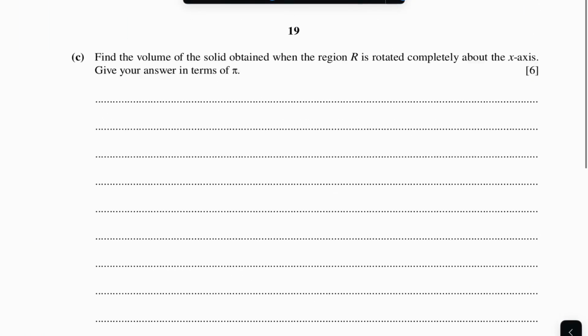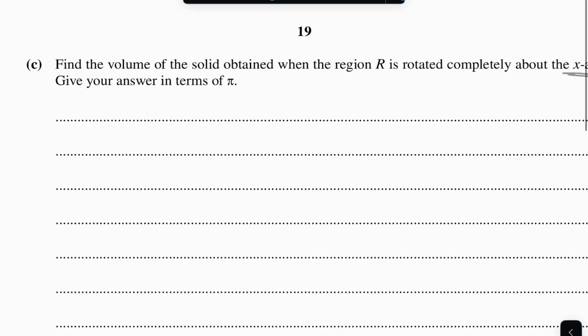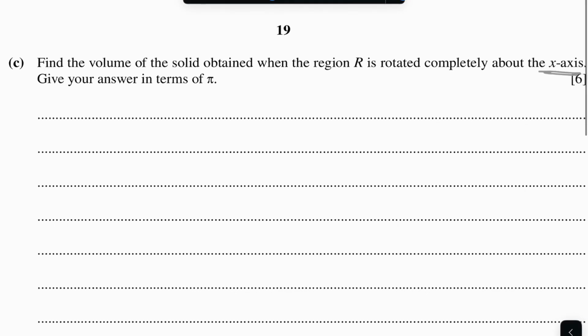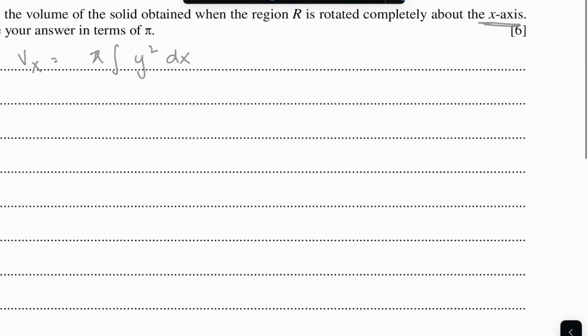Now for part C, we have a 6-mark question. We have to find the volume of the solid obtained when the region R is rotated completely about the x-axis. So for this, we need to know what formula to use, and let me write that down for you. When the volume is being rotated around the x-axis, we use pi integral of y squared dx.